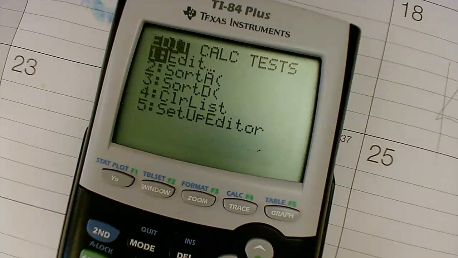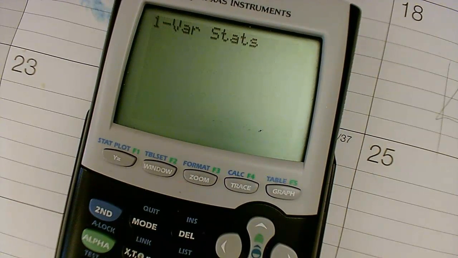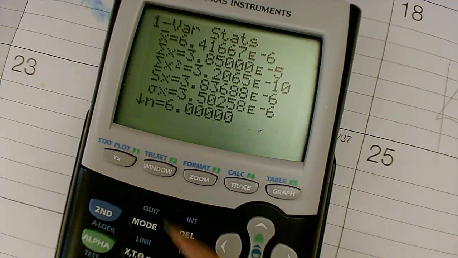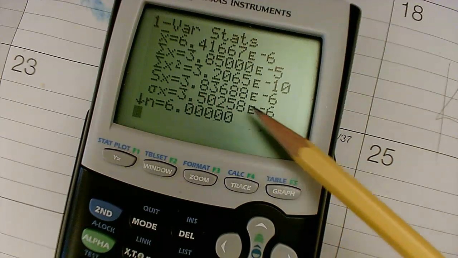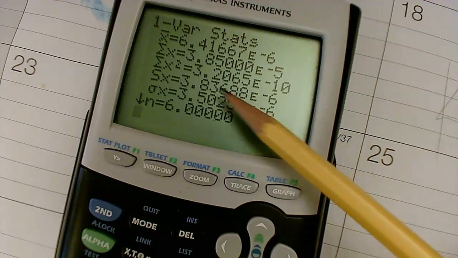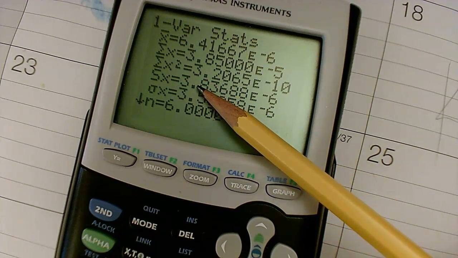And then if you go to Calculate, One-Variable Stats, press Enter again. Right here. I think this is so much easier. Plug 3 numbers in your calculator, press Stat, and enter a couple times. Right here, this Sx, obviously this isn't your answer, so don't write this down. This Sx is your standard deviation.